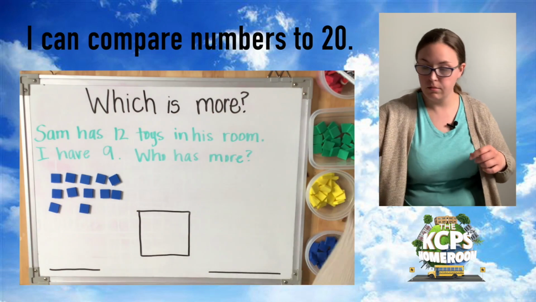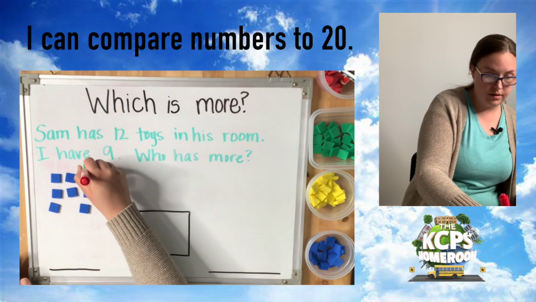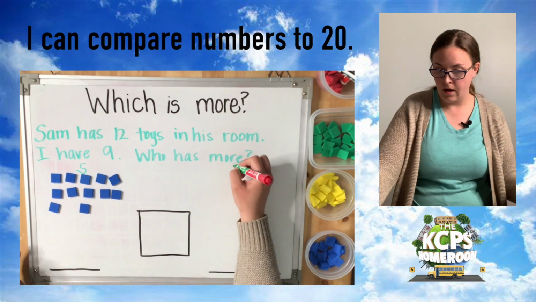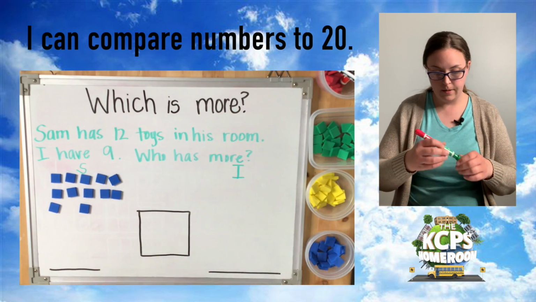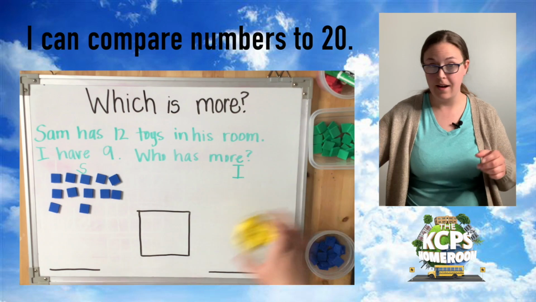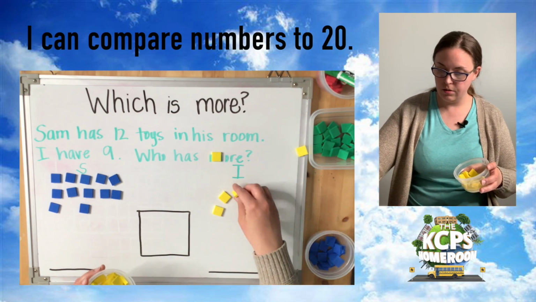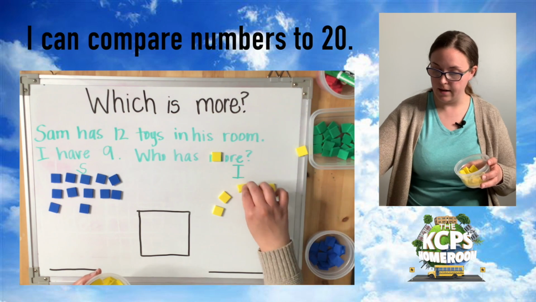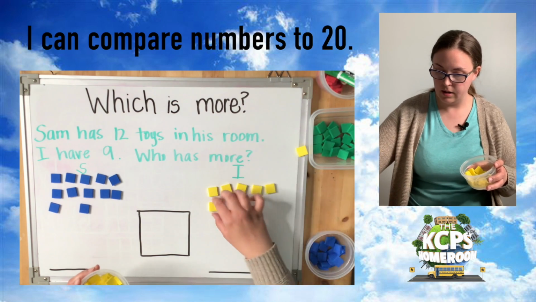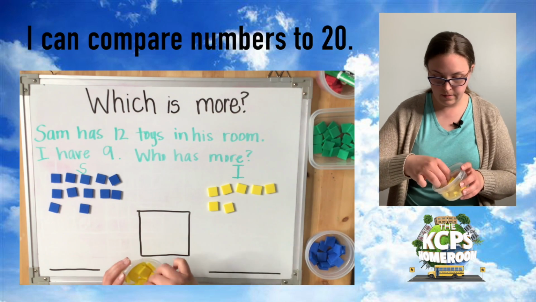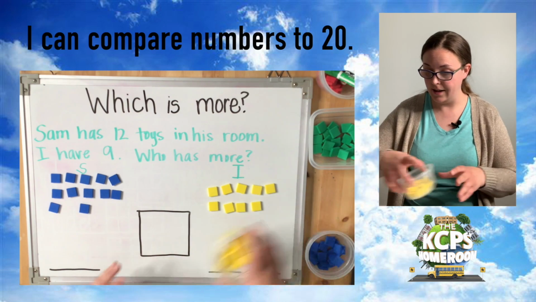I'm going to write above here that these are Sam's. I'm going to put mine over here, and I have yellow counters for me. I have 9. 1, 2, 3, 4, 5, 6, 7, 8, and 9.